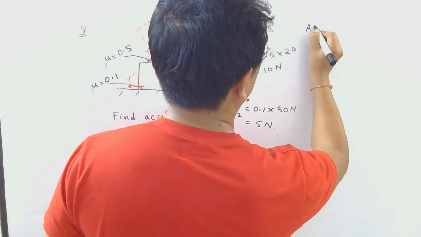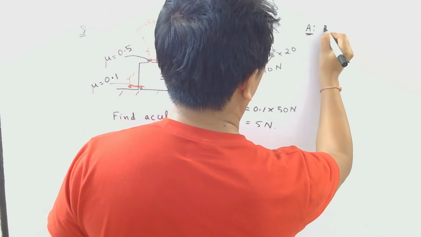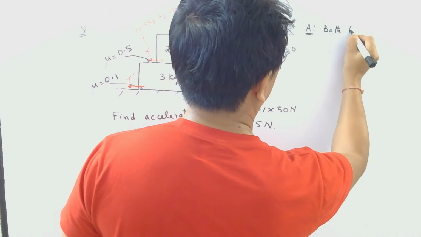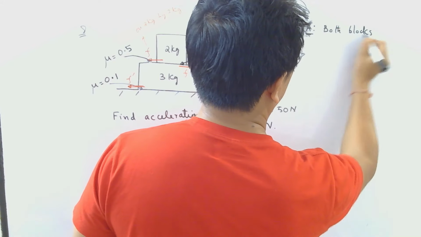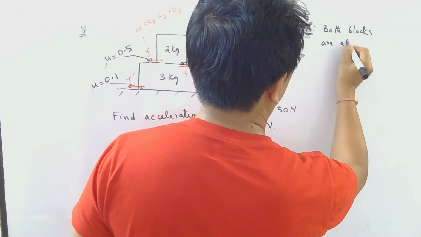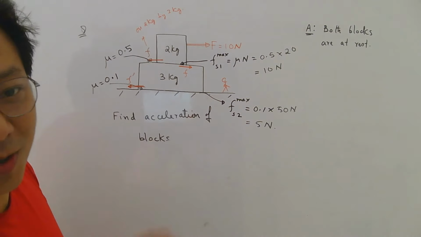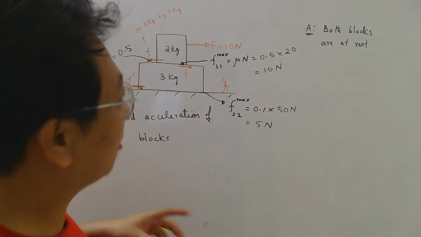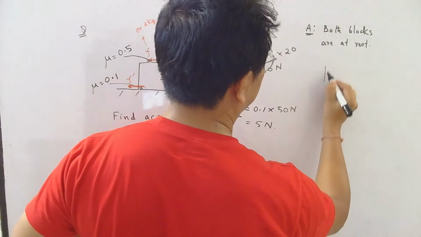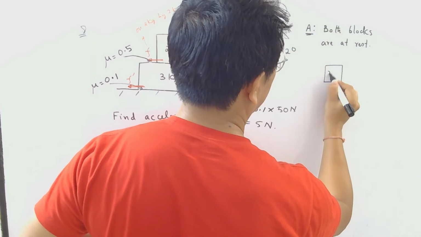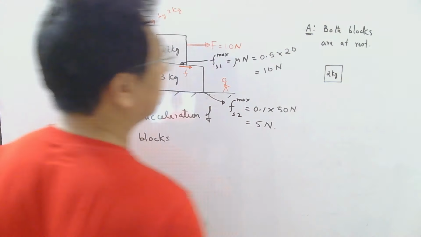So let us assume first that both blocks are at rest. Let us check whether it is possible or not. So for the first block, the 2 kg block, is that possible?